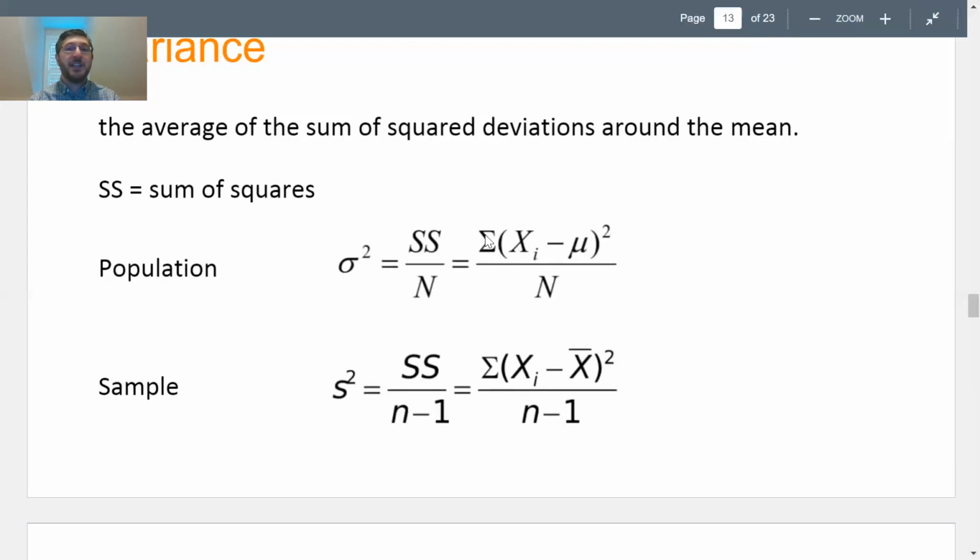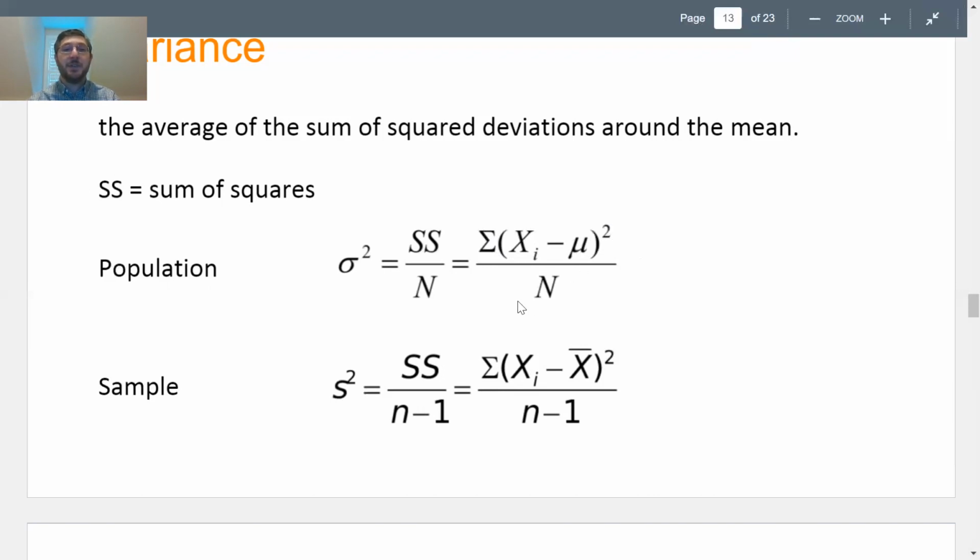The Greek letter sigma means to sum all of the data points in the distribution. We add all of those together and divide by the total sample size.